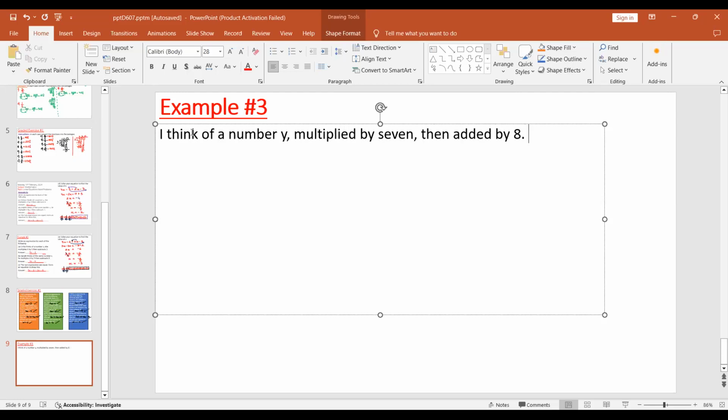Then I took the sum and subtracted it by 12.